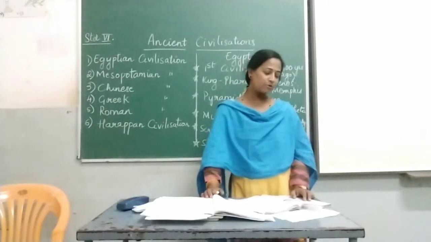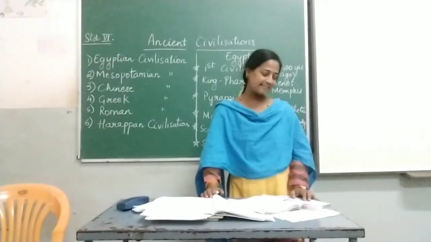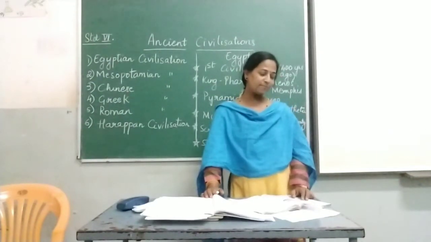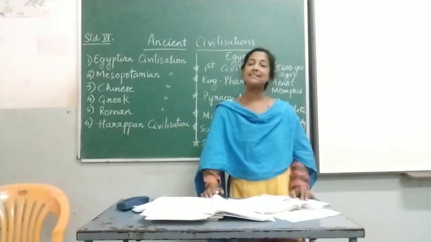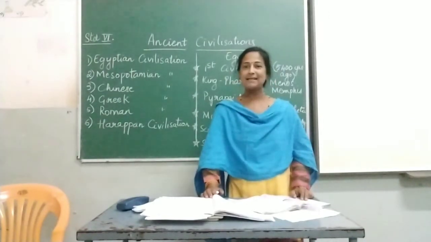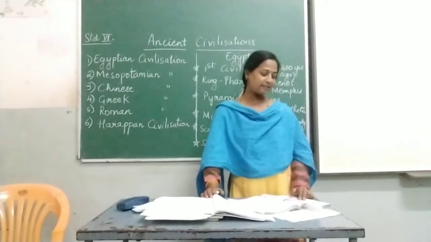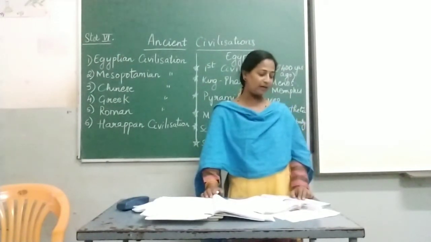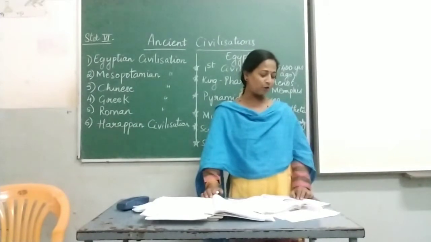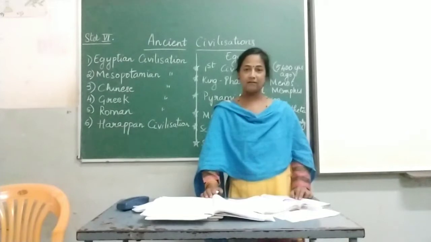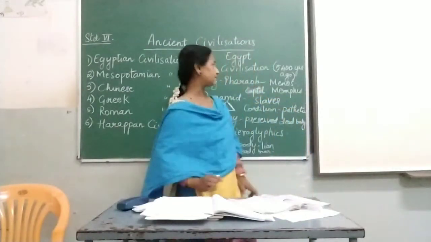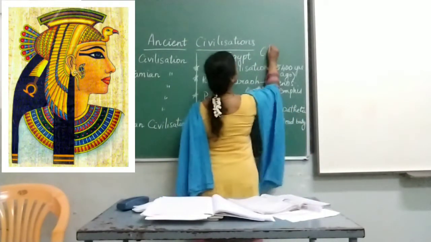Finally, about 2,300 years ago, Alexander the Great conquered Egypt. He appointed his military general Ptolemy as his representative. Later, Ptolemy declared himself the king of Egypt and established the Ptolemaic dynasty. The popular queen Cleopatra, one new name. It is Queen Cleopatra.